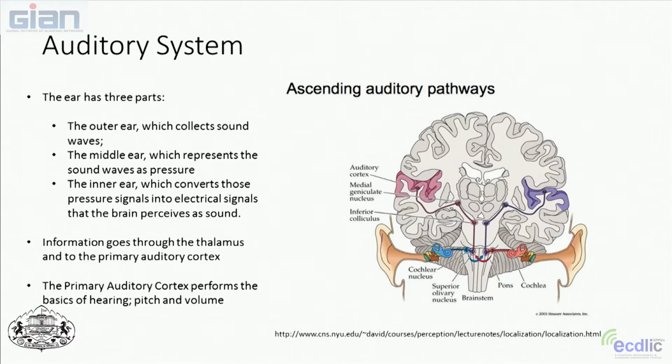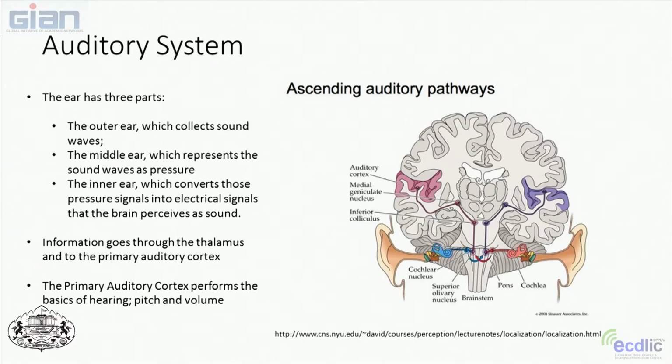Then this pressure gets to the inner ear, where these signals are converted into electrical signals that the brain perceives as sound. This happens in the cochlea in the ear. This is another one of those really amazing places where we take sound information and process it into neural signals that the brain can interpret.